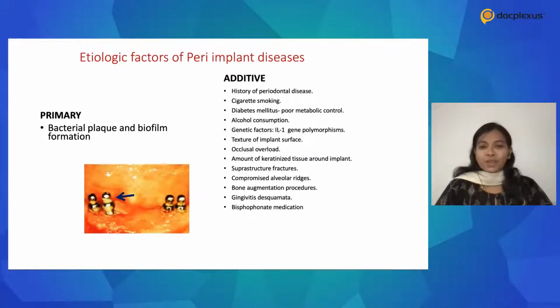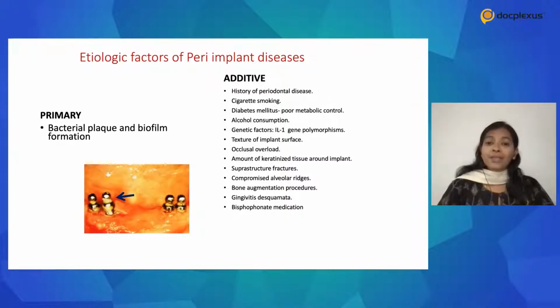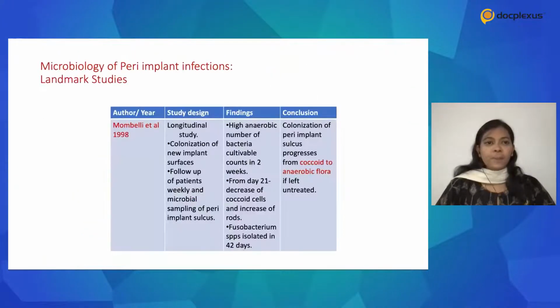Apart from that, any fractures of the suprastructural components of the implant, when there is a compromised alveolar ridge, any bone augmentation procedures which had to be done and we did not do it. Apart from that, any development of gingivitis, desquamative gingivitis like diseases, or any bisphosphonate medications which have to be taken by the patient. So all these can lead to failure of the implants, leading to peri-implant diseases.